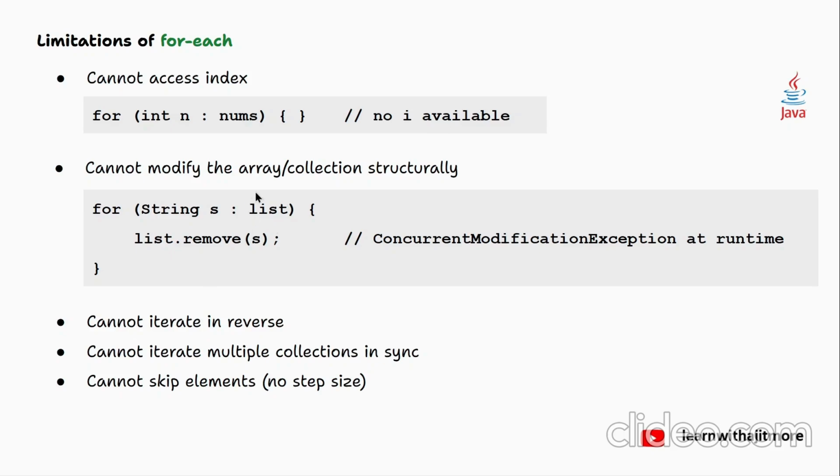Then if you're traversing a collection, while traversing you cannot do modification. You cannot traverse in a reverse way using this for loop. Don't think you can do it in reverse. You can traverse in reverse with a normal counter-based for loop, but not with this for each.